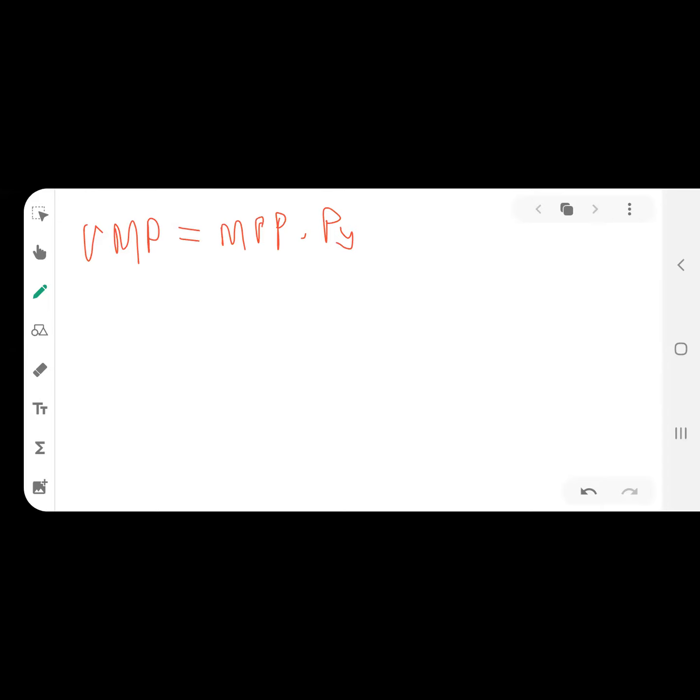And then the AVP is APP multiplied by the price of Y. I taught you yesterday how to derive MPP and how to also derive the APP. So we'll start by finding the MPP and the APP. Then from there, we are going to derive the VMP and the AVP.